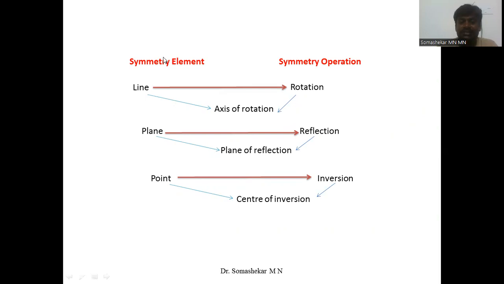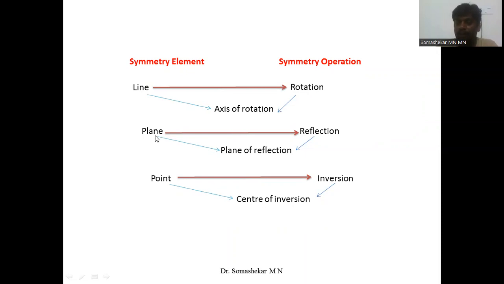So first, let us take the symmetry elements. Which are the symmetry elements? A line is a symmetry element, a plane is a symmetry element, and a point is a symmetry element. And what are the symmetry operations? Rotation, reflection, inversion. These all are symmetry operations. Along with the line, if you do a rotation, then we call it an axis of rotation.